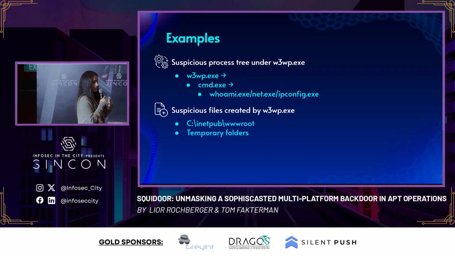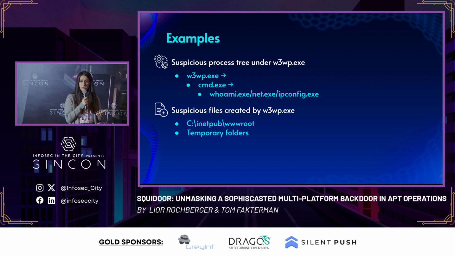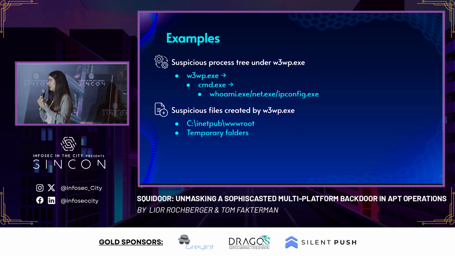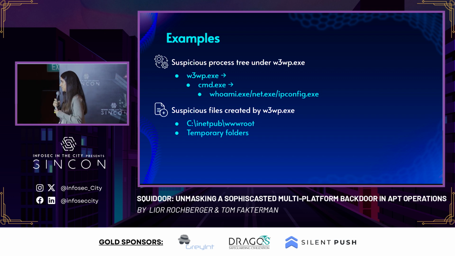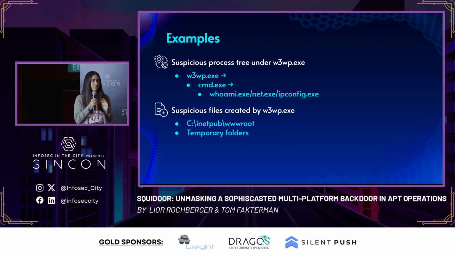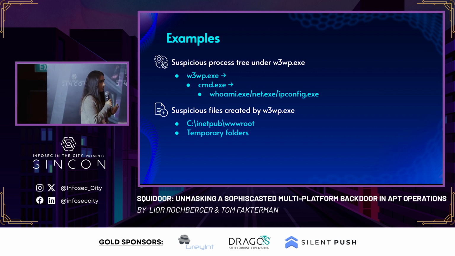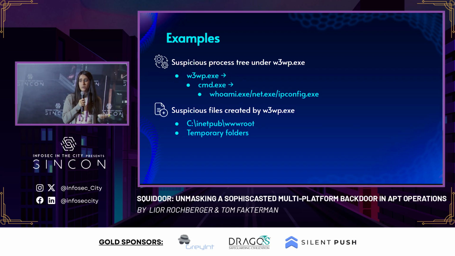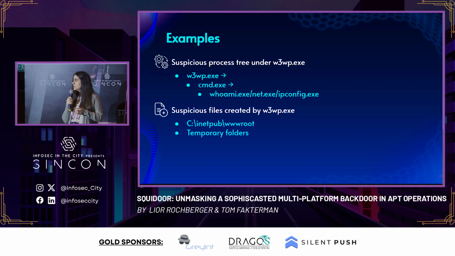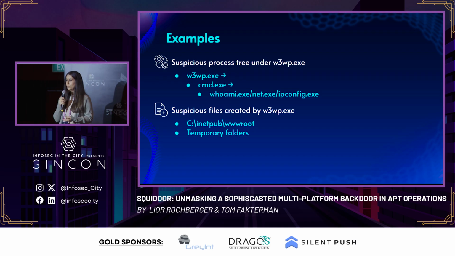Another thing that we monitor is file creation by W3WP, and specifically at high-risk locations, such as wwwroot and different temporary folders. And this usually indicates an attacker trying to deliver additional payloads through a web shell.